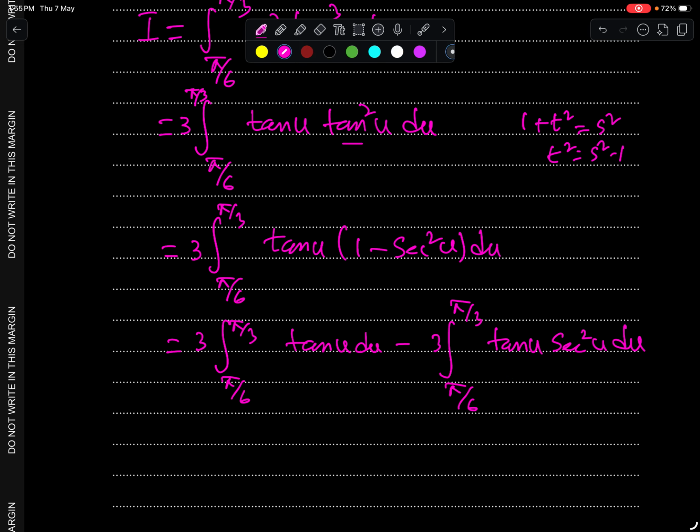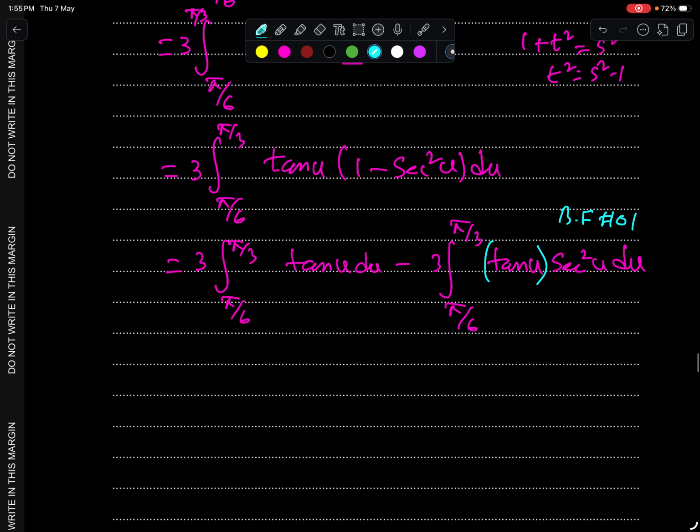Now this is the structure of basic formula 1. Why? See, this is the function and its differential is here. Tan u, if you differentiate tan, you'll get sec square u. Whenever we have product of like functions, then always try to apply basic formula 1. That's the hint.